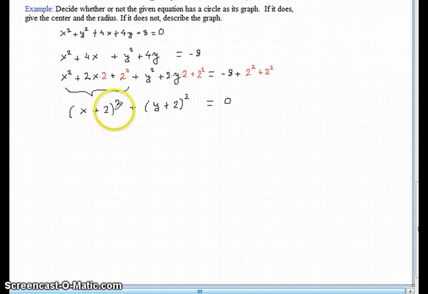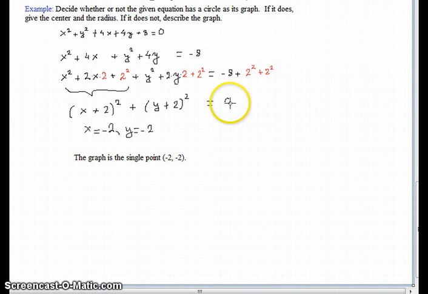This equation could be a true statement if and only if each of the squares is 0. So x plus 2 must be 0 and y plus 2 must be 0. Or x is equal to negative 2 and y is equal to negative 2. Only one ordered pair, negative 2, negative 2, will satisfy this equation. So the graph of the given equation is just a single point with coordinates negative 2, negative 2.